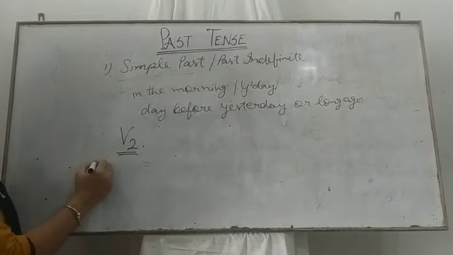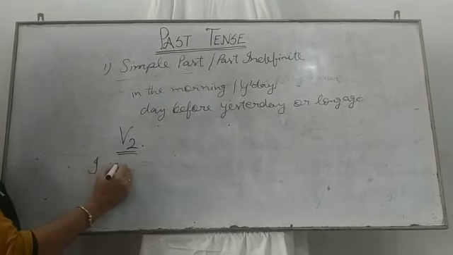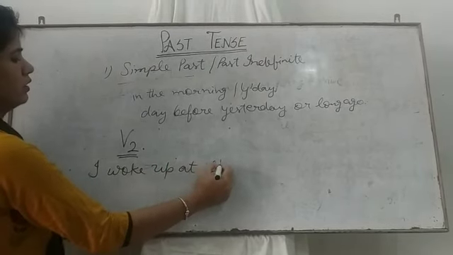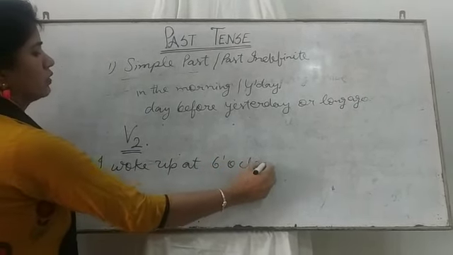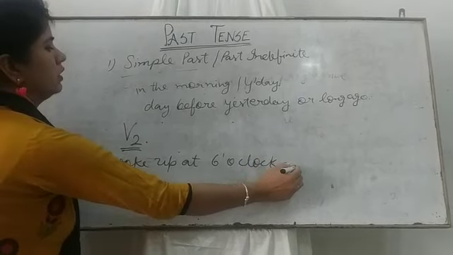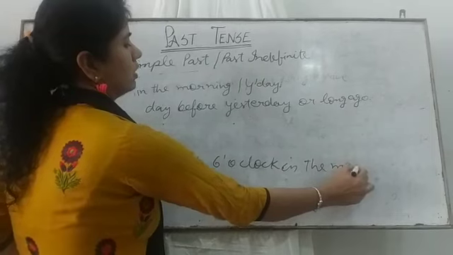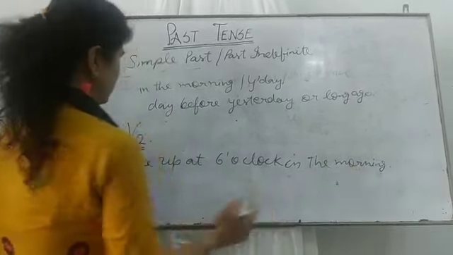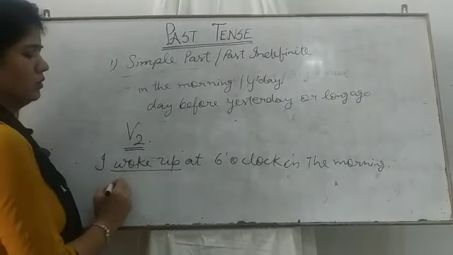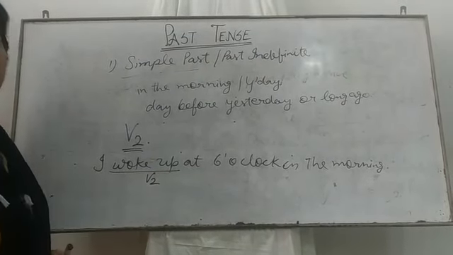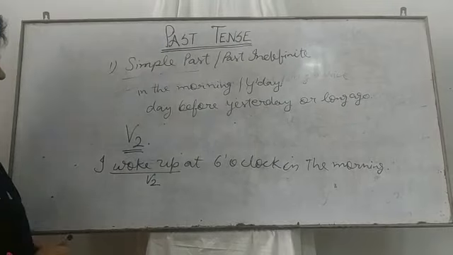For example, I woke up at 6 o'clock in the morning. Here, woke up is verb's second form and represents the past event.